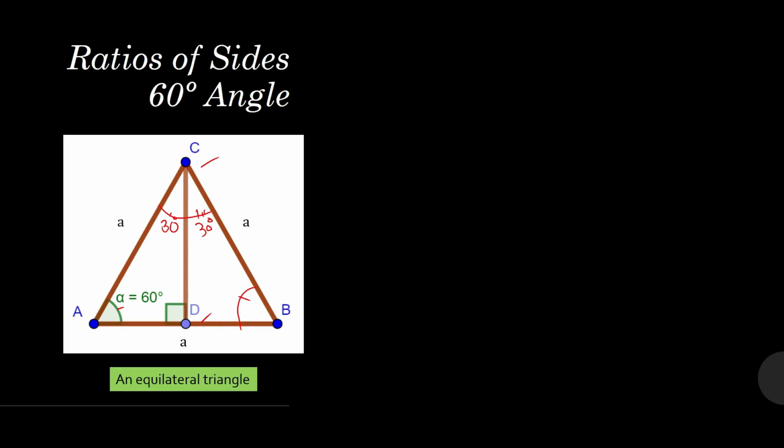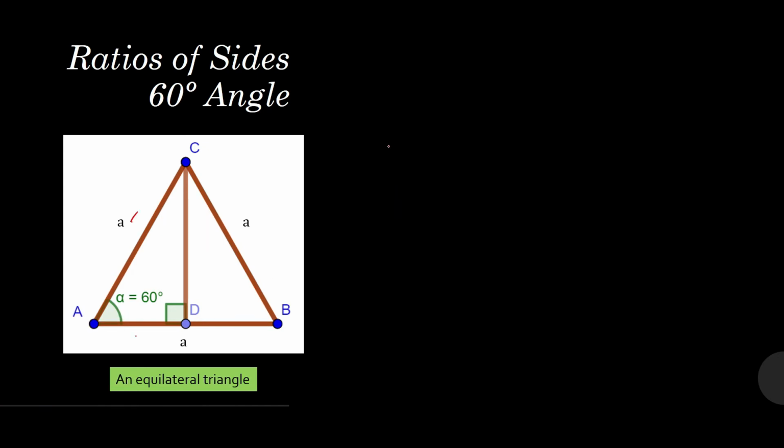And one of the properties of an equilateral triangle is that line CD is perpendicular to the opposite side. And not only that, it's going to be a perpendicular bisector of the line AB. So this means AD is equal to 1/2 of A, and DB is equal to 1/2 of A.